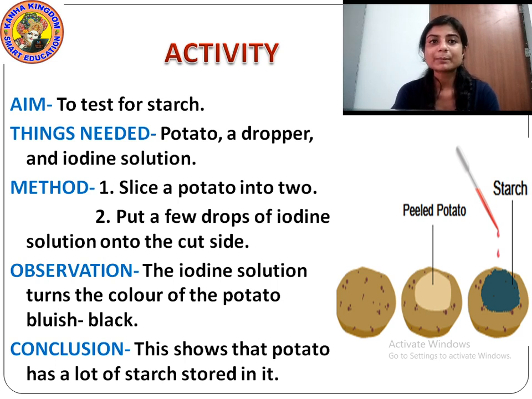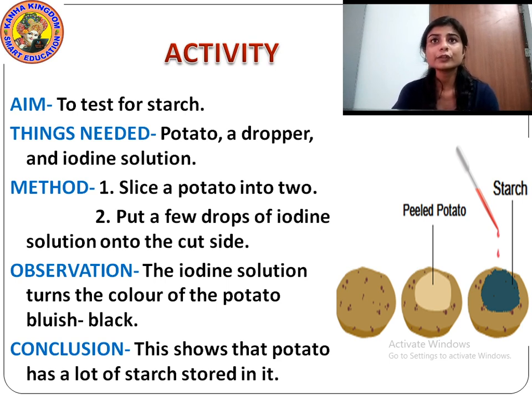When we want to show something experimentally, that is called as aim. So our aim is to test the starch, whether the food that is prepared by the plant contains starch or not.